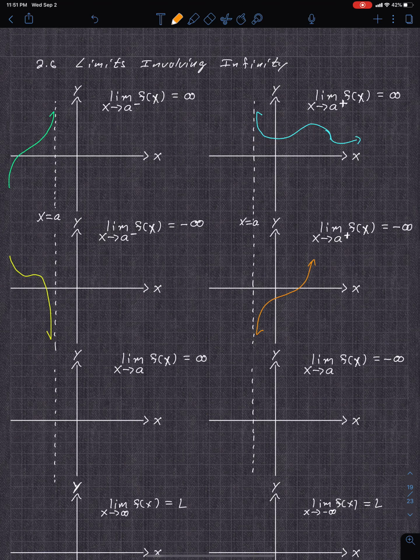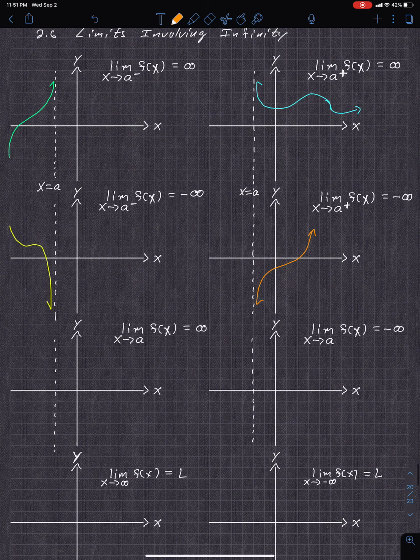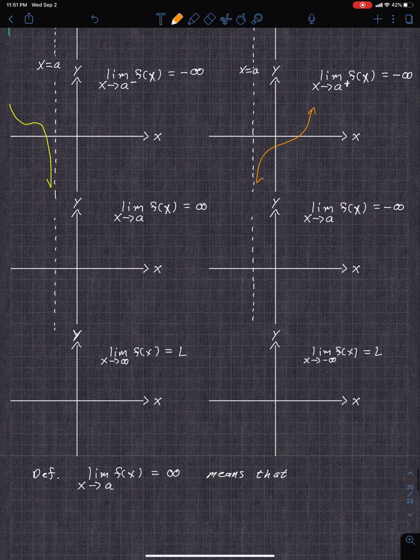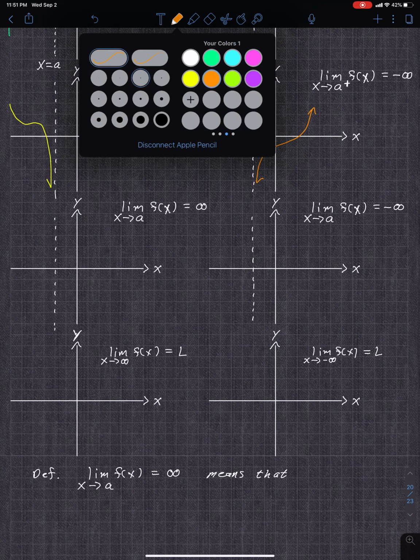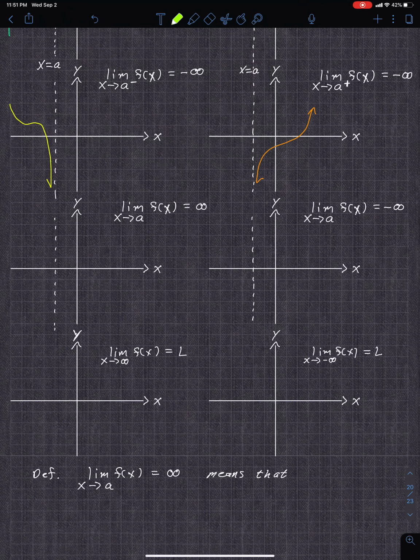And then the next one, they both are doing something, on both sides. The next one, we are on the left and right approaching infinity, like this, and on this side.